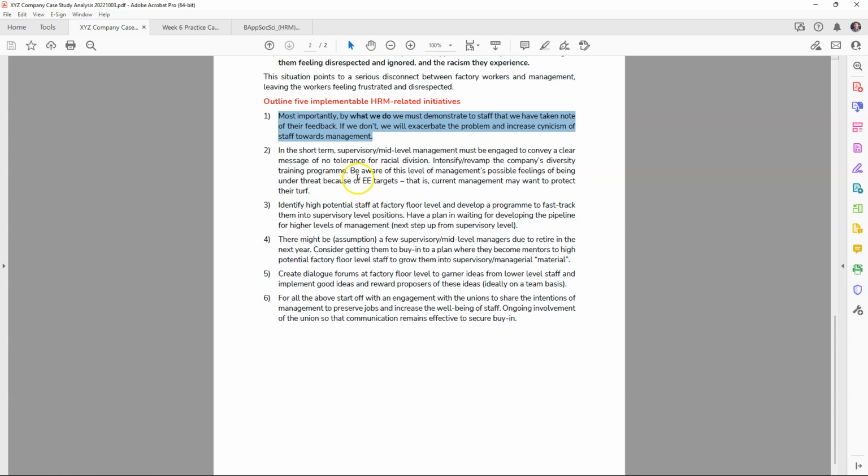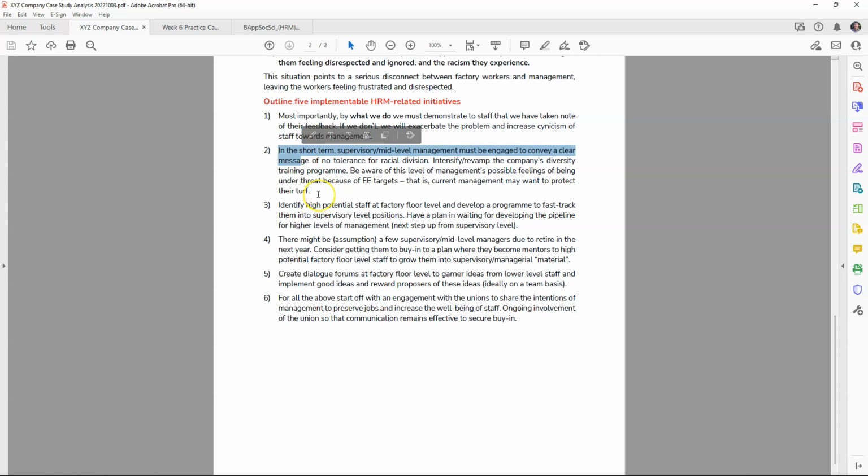And then also what the company must be aware of when they embark on this, not if, when, is the current management core, which is disproportionately still European, and their possible feelings of being under threat because of the EE targets. Those managers might want to protect their turf. So I don't know how they're going to manage that, but I think the initiative must consider that and be specific about that.